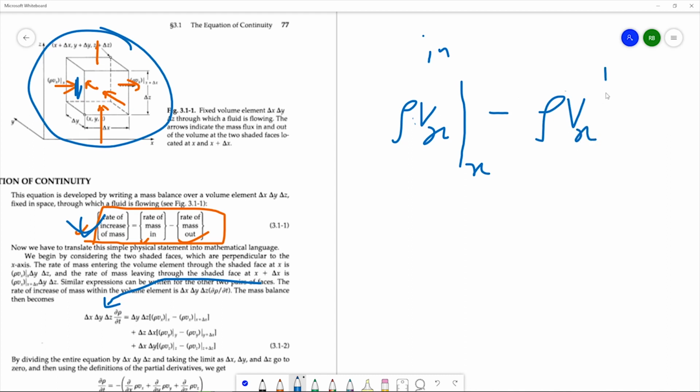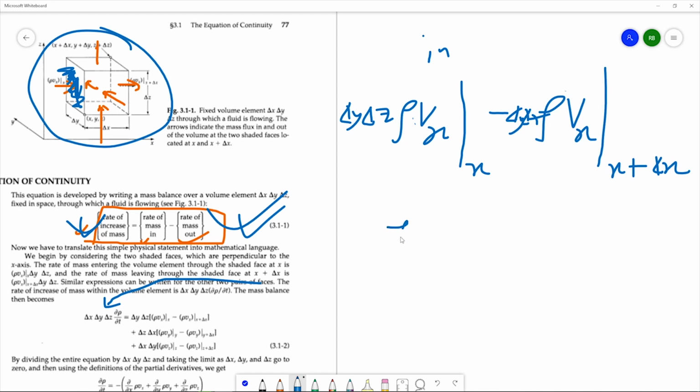This is rho vx only, but calculated at the x plus delta x face. This is mass flux, but we are doing mass flow rate, kg per hour, so you have to multiply with area. What is the area on this face? It is delta y, delta z, the same for the other face also. So this is the mass flux in x direction.